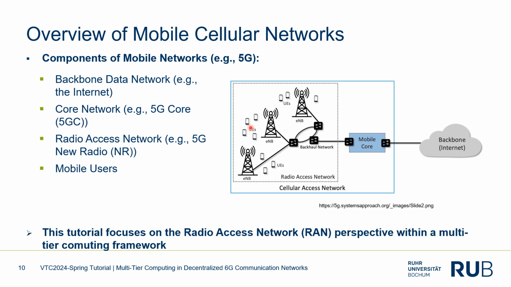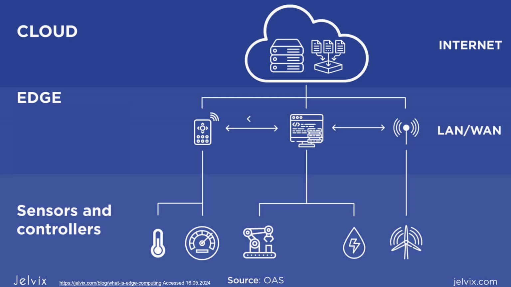In this tutorial, we focus on the radio access network within a multi-tier computing framework. Now, what is meant by multi-tier computing? The idea of multi-tier computing in the context of 6G refers to an architectural approach where computational tasks are distributed across multiple layers or tiers of computing resources.